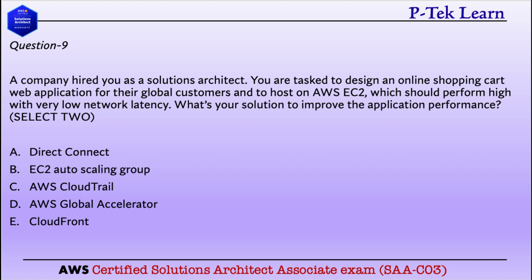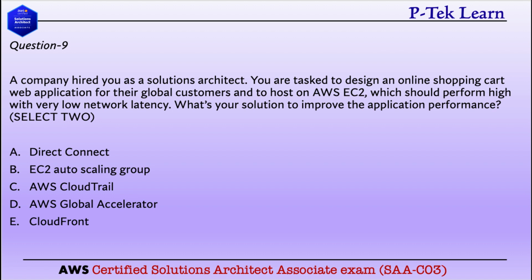EC2 Auto Scaling group is limited to a particular region, so it cannot improve the performance of EC2 instances spanned across multiple regions. Because this online shopping cart has global customers, users from different parts of the world, from different regions will access this application. So EC2 Auto Scaling group is not the right option.